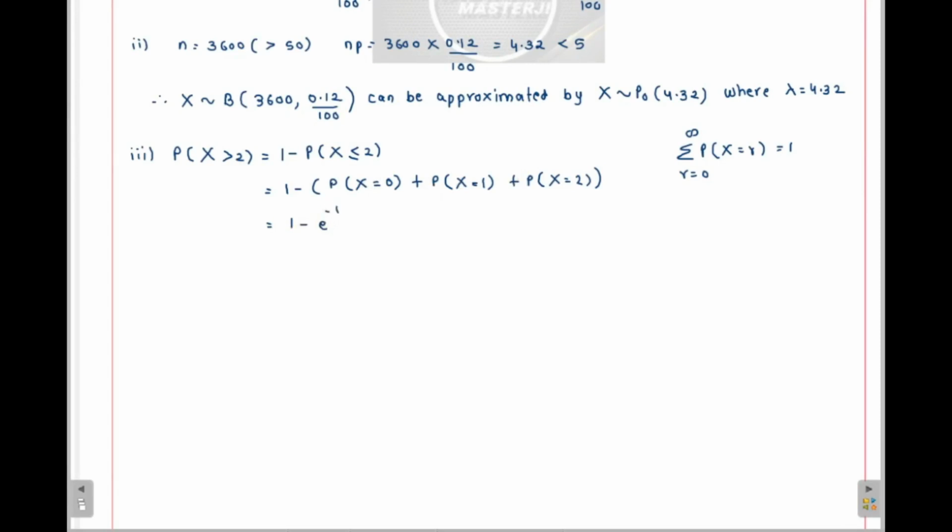So that means e raised to minus 4.32 outside into, inside the bracket, lambda raised to 0 upon 0 factorial, that will give me 1. Lambda raised to 1 upon 1 factorial will give me lambda, that is 4.32. And lambda raised to 2 upon 2 factorial, that is 4.32 squared divided by 2 factorial. Correct? So if we solve this whole thing and subtract it from 1, I get a value 0.805, which is rounded off to 3 significant figures.